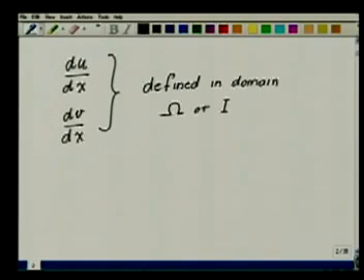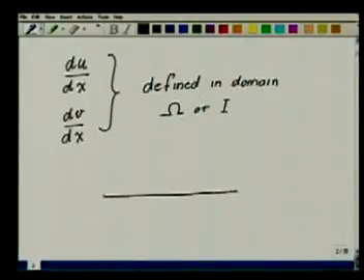So what are the roughest or the least smooth of these functions u and v for which du dx and dv dx will be defined? The answer is very simple. If you look at this domain, du dx and dv dx being defined means that they can be like this.